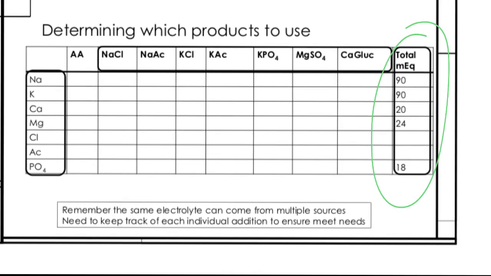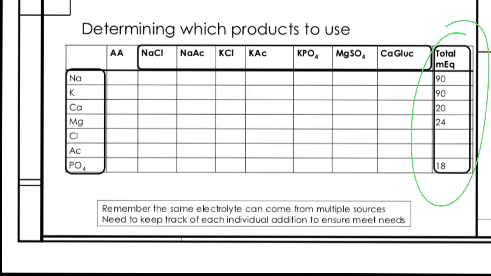But here it shows you what electrolytes you're using, so sodium, potassium, calcium, and the forms they come in. You can find sodium as the chloride salt or the acetate salt. You can find potassium as a chloride salt, the acetate salt, or the phosphate salt. Magnesium as the sulfate salt.